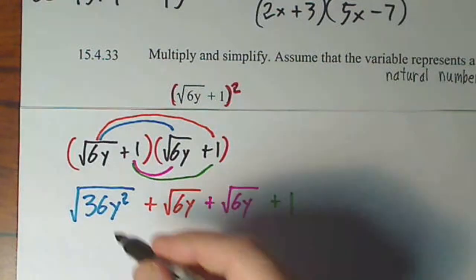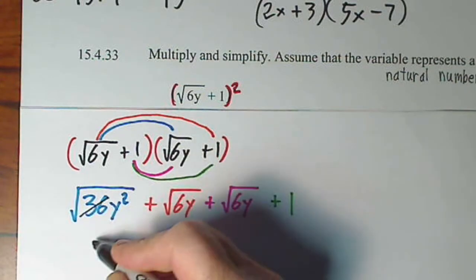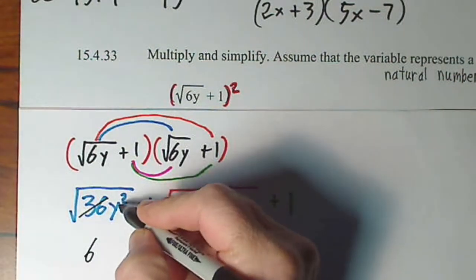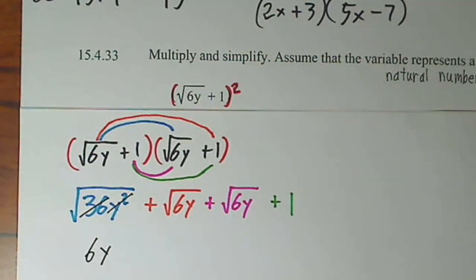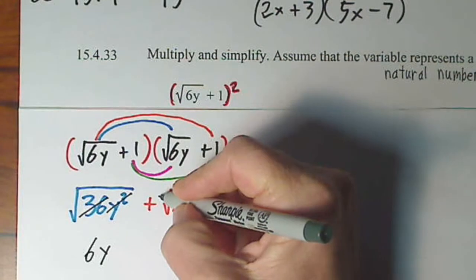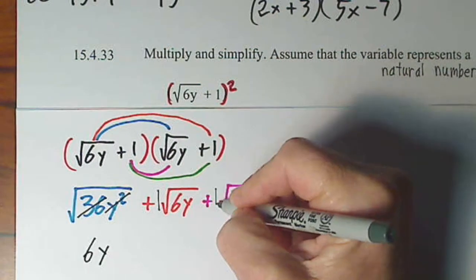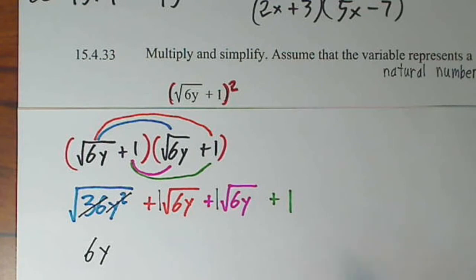Now, the square root of 36 is 6. The square root of y squared is y. So that takes care of that. Over here, I want to be sure you see there is a 1 in front of each of these radicals. It's just understood to be there.